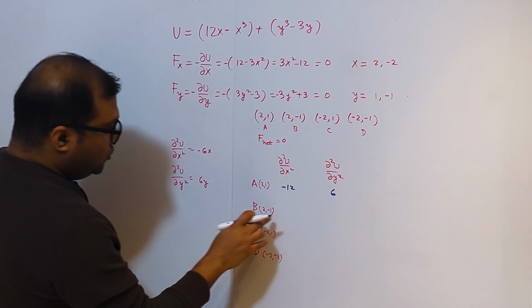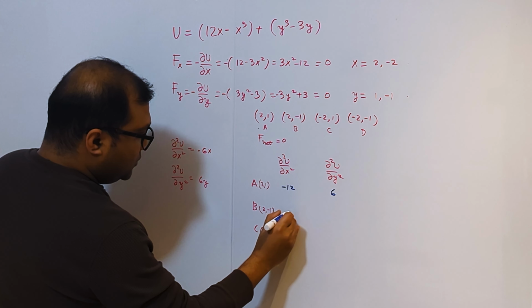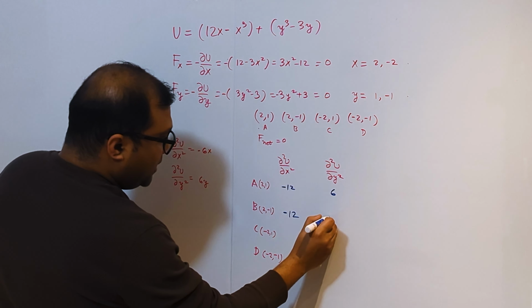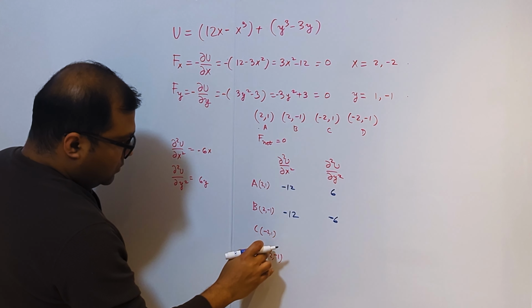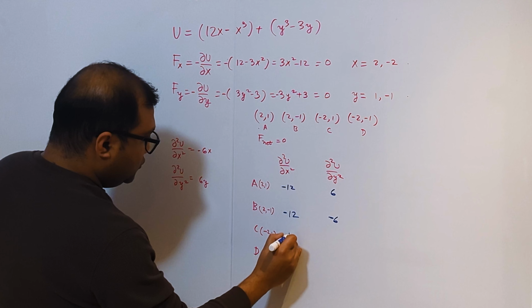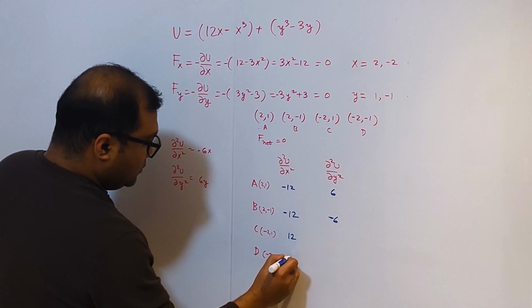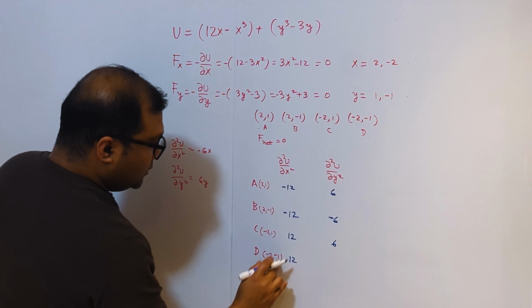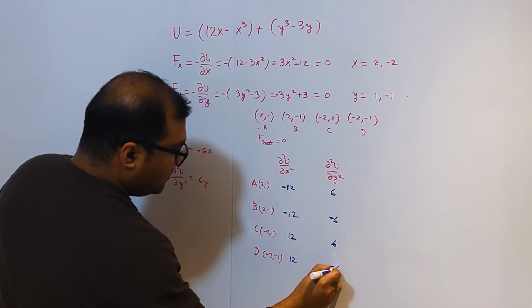We substitute 2, this is again minus 12, and minus 1 here, this is minus 6. So at minus 2 it's plus 12, this is also plus 12. At 1 it is 6, at minus 1 it is minus 6.